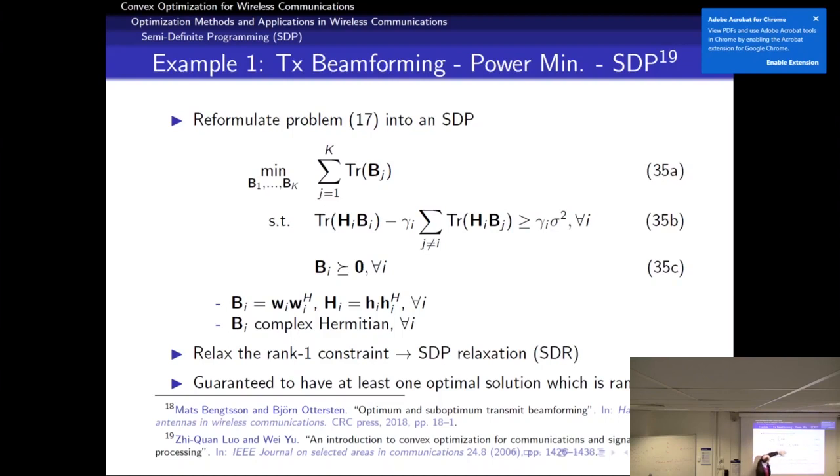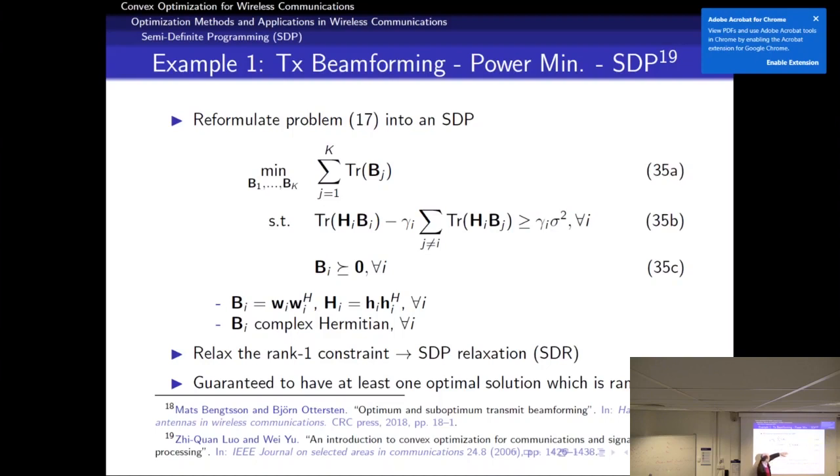So if you just write it like this, it is not equivalent to the previous problem because you have not captured the fact that b must be rank 1. If you say b is rank 1, then you know that actually you can find your w afterwards because your w will be a rank 1 formulation of your b. But if you just say this without saying that it's rank 1, then it's not exactly the same as before. You have essentially relaxed the problem.